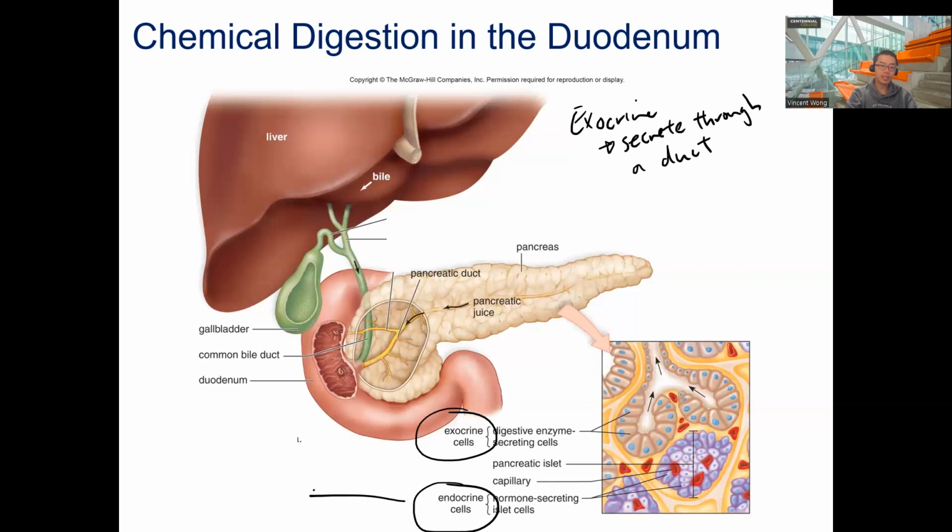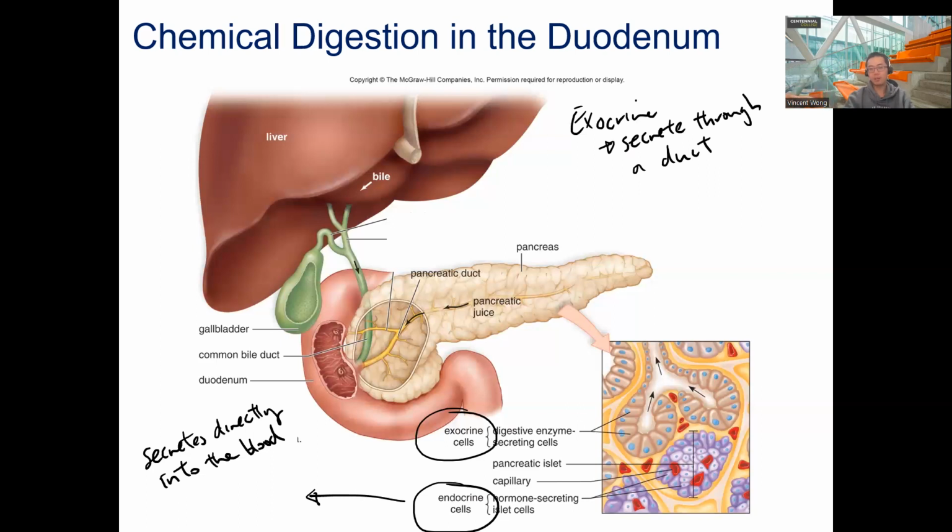An endocrine gland, right? Endocrine, it secretes directly into the blood. And for endocrine, the kind of secretions we're talking about would be hormones. Okay. Anybody know what hormones the pancreas secretes? Insulin? Yeah, excellent, right?